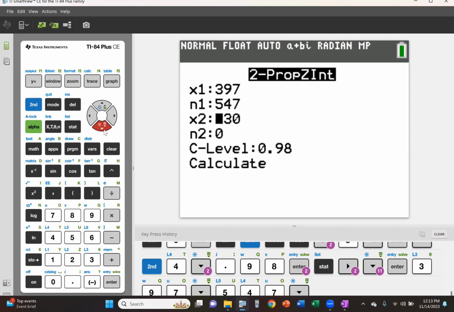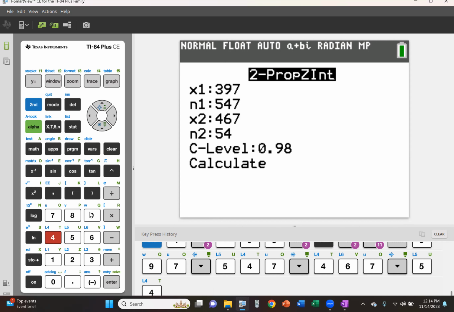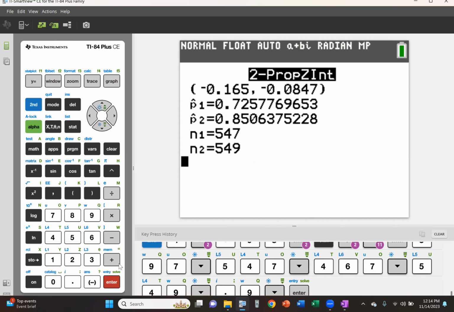And of the New Yorkers, I had 467 out of 549. And we're constructing a 90%, 0.9. So our interval is from negative 0.165 to negative 0.0847.